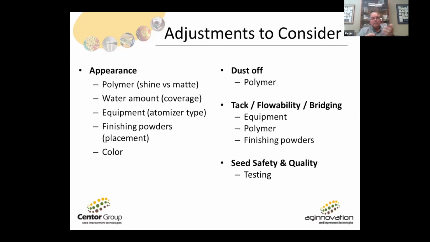Finishing powders, mentioned them earlier. Finishing powders themselves can aid in appearance. There's the downfall that finishing powders may not stick to the finished product and may become airborne or become a dust-off issue. So I would cautiously look at this as an area of potential improvement for appearance, but they do work effectively.